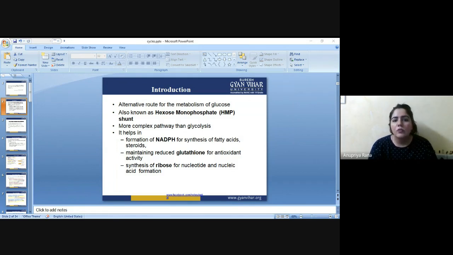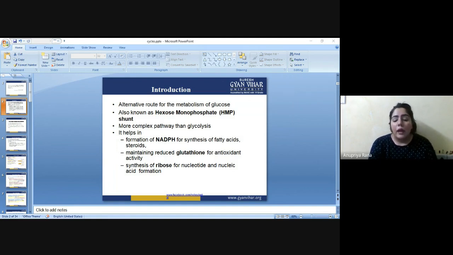So we can also call it the HMP, instead of PPP. Both names are for the same cycle. You can call it the PPP cycle, or the HMP cycle or HMP shunt.